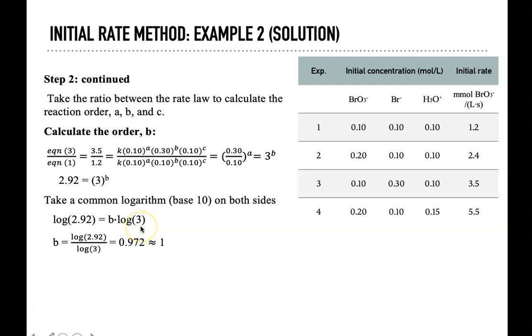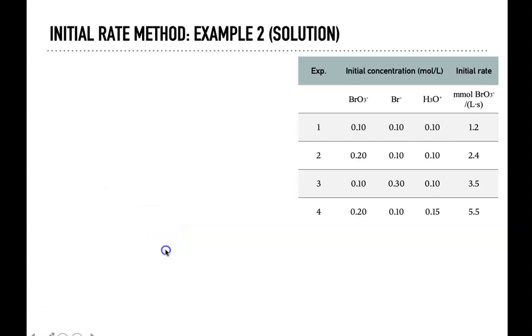Now let's divide both sides by log 3. B is now log 2.92 divided by log 3, which is 0.972. Because the order should be an integer, usually 1 and 2, or sometimes 0, or sometimes a half, like 2/3. But in this case, 0.972 is close enough to 1, so B is 1.